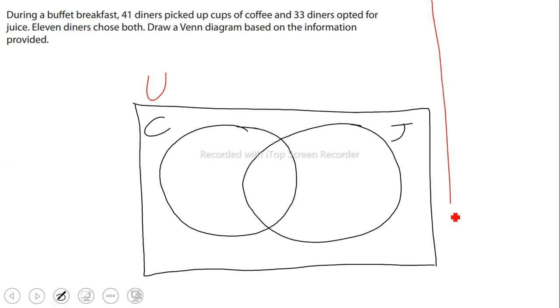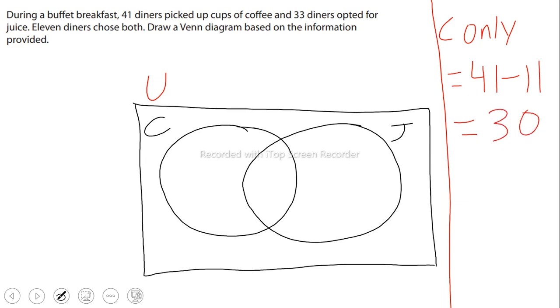So if we wanted C only, how would we find C only? You subtract, take away 11 from 41. Very good. So it's going to be 41 minus 11. And the reason why we use 11 is because, anyone can tell me? Because that's how many are in both. Very good.